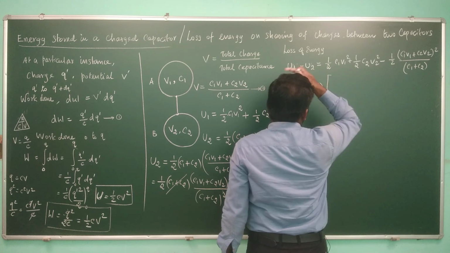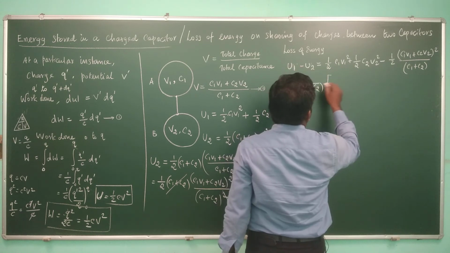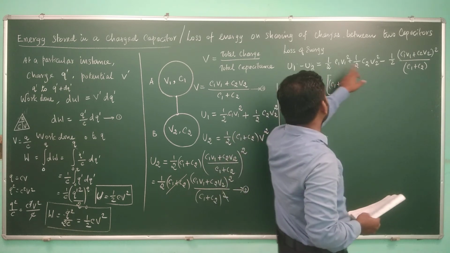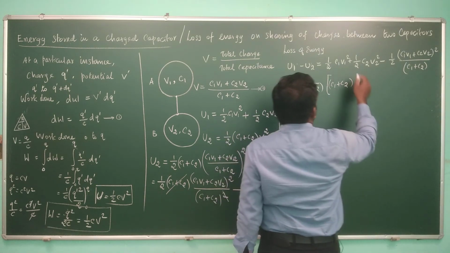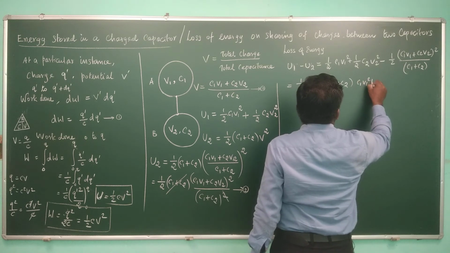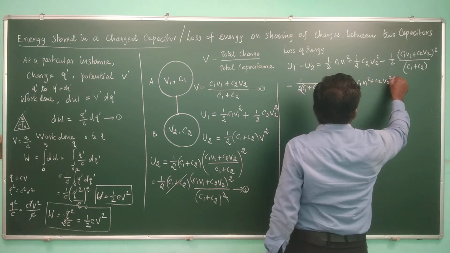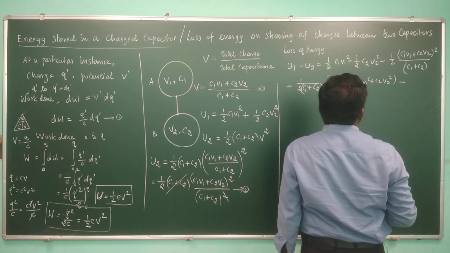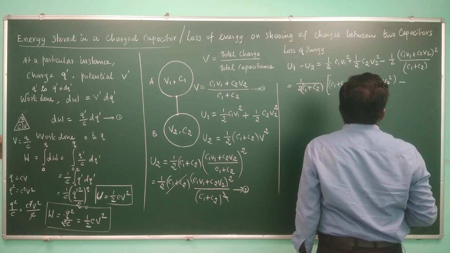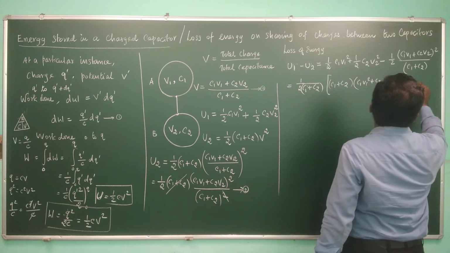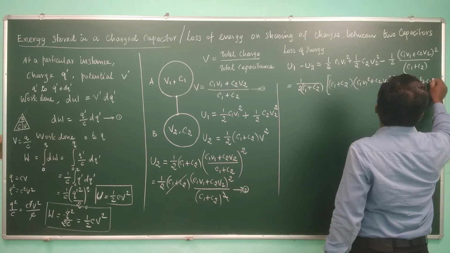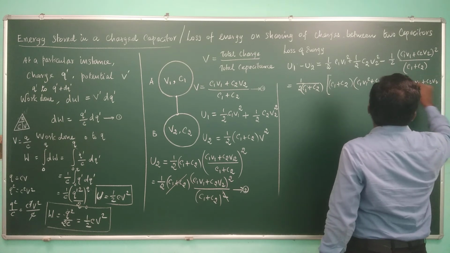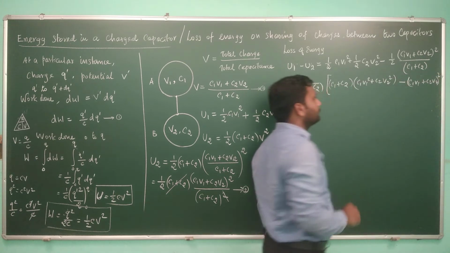Here C1 plus C2 is not there, so what we have to put is C1 plus C2, because this is not present in these two, and we can write C1 V1 square plus C2 V2 square minus C1 V1 plus C2 V2, the whole square.